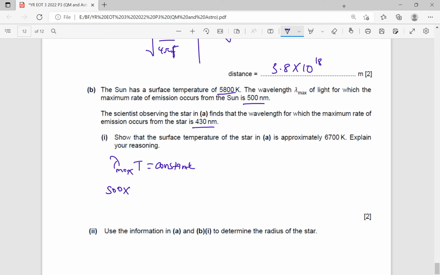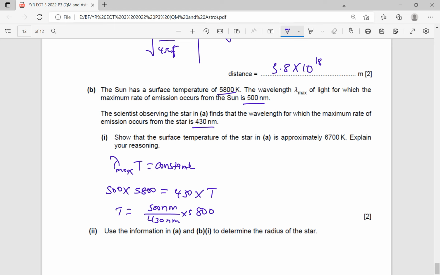The surface temperature, 5800, should be equal to, for the other star, its wavelength 430 times its temperature T. So making it the subject, T is going to be 500 nanometers divided by 430 nanometers times 5800.